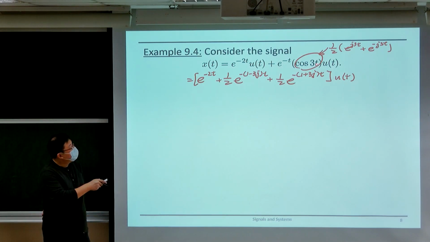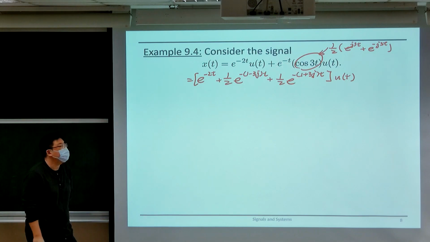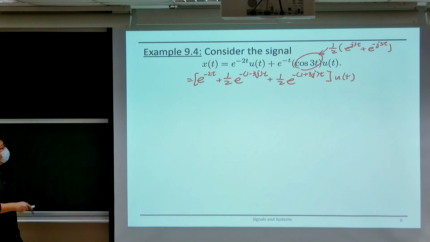By Euler's relation, cosine 3t is just 1/2 (e to the j 3t plus e to the minus j 3t). So I multiply e to the j 3t with this e to the minus t to get this, and e to the minus j 3t times e to the minus t to get this. Now we have three right-sided exponentials because they're multiplied by u of t.